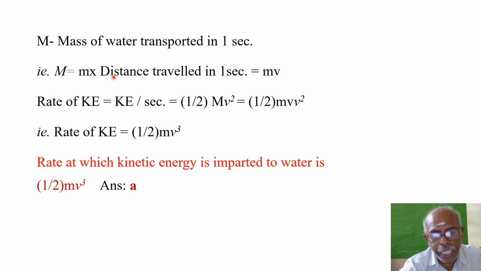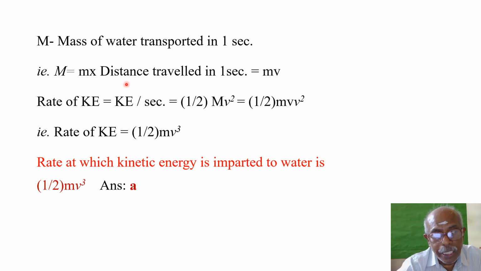Mass of water per unit length. Actually, water will not have any length or something like that. But when the water flows through a pipe of length 10 meters or 20 meters, whatever it may be, this m represents the mass of water that is present in the 1 meter of the tube. Okay? So for 1 meter of the tube, this m is the mass of water.